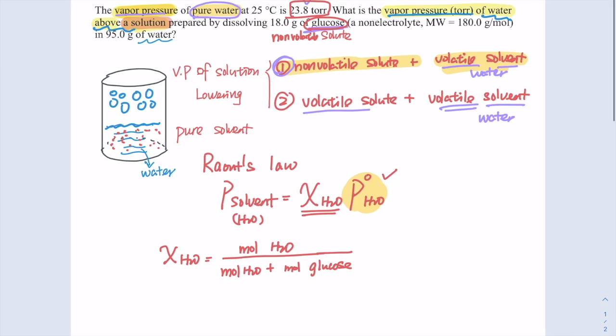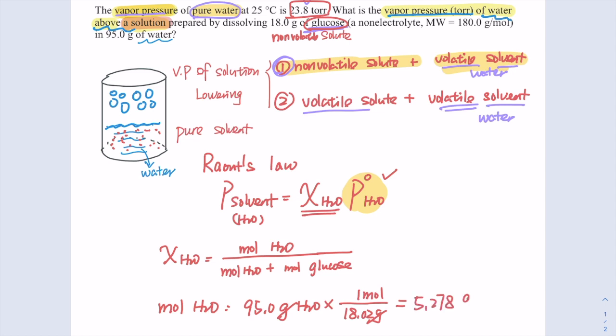It's not bad, I believe we know how to calculate the moles of each. Let's calculate moles of water using the given mass of 95 grams of water, and the molar mass of about 18.2 grams per mole. The grams cancel out, and we get around 5.278 moles.